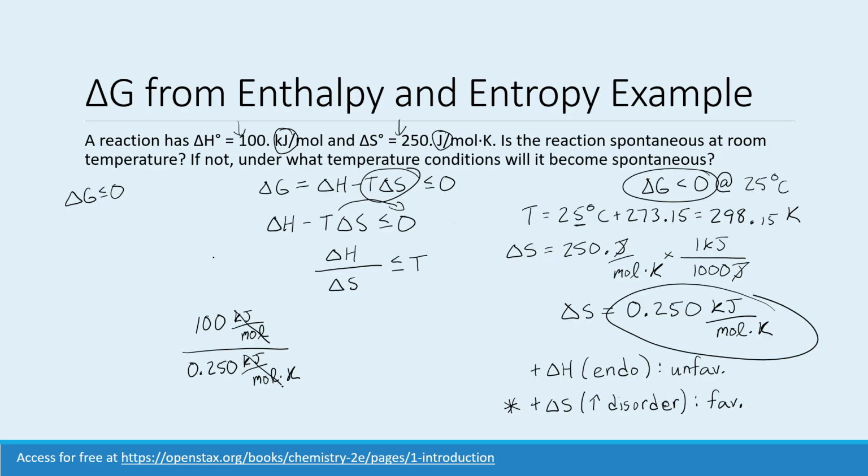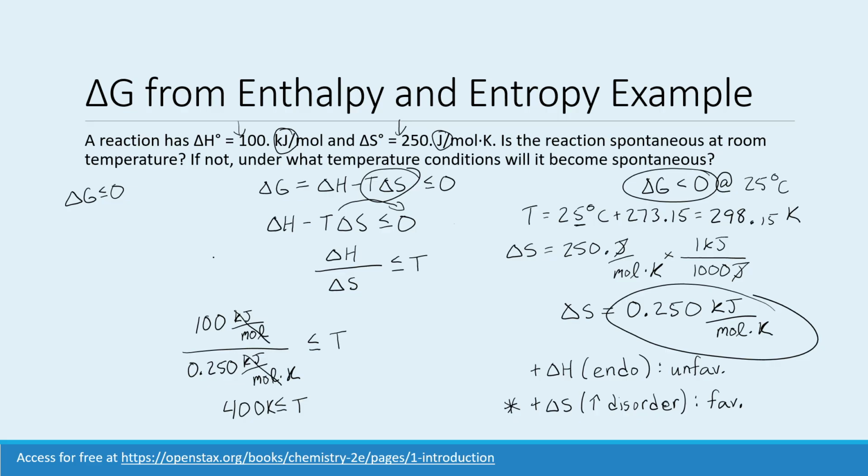Right, so the kilojoules and the moles will cancel out, and 1 over Kelvin will give us the temperature in Kelvin. And so that needs to be less than or equal to T. And divide those out, you should get 400. Okay, so the temperature needs to be greater than or equal to 400.